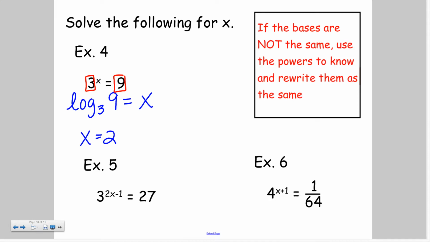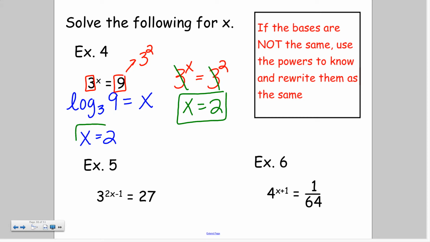So, I know that 9 can also be written as 3 squared. So I can rewrite all that together, 3 to the x, and I've rewritten 9 as 3 squared. So now my bases are the same. I can drop them, and x is equal to 2. Which is what I got when I rewrote it as a log.